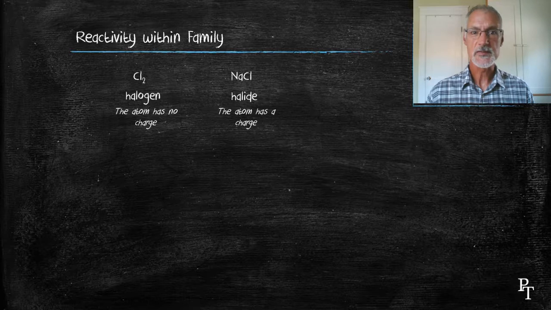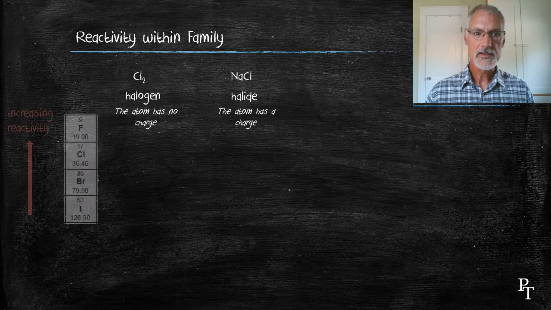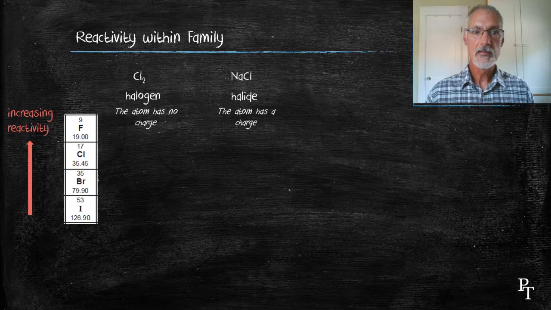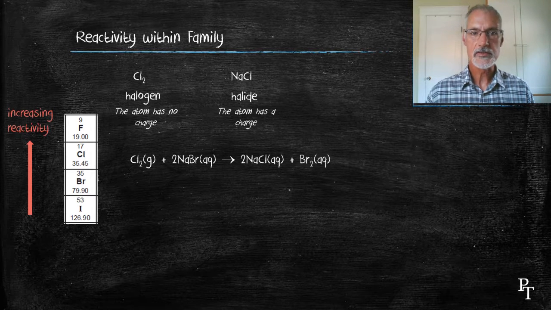I want to look at reactions between halogens and halides. Also, let's quickly review the reactivity again, fluorine being the most reactive member of the family and iodine the least reactive. So if we were to bubble chlorine gas through a solution containing sodium bromide, would this following reaction happen?